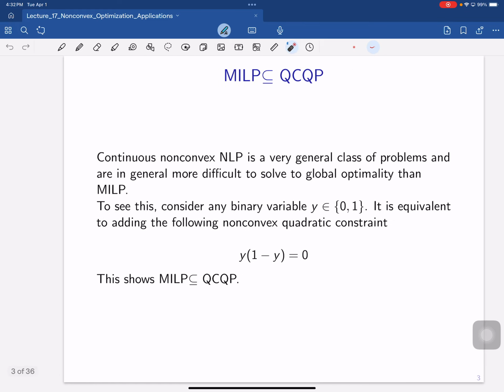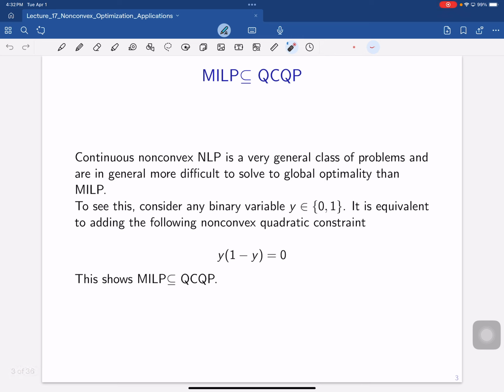Okay. So why did I say non-convex optimization is more complicated than mixed integer linear programming? You can easily show that mixed integer linear programming is a subset of what is called QCQP, which means quadratically constrained quadratic program.